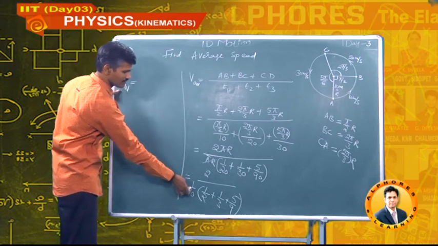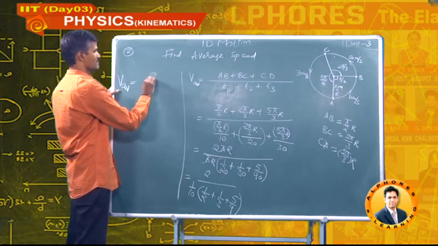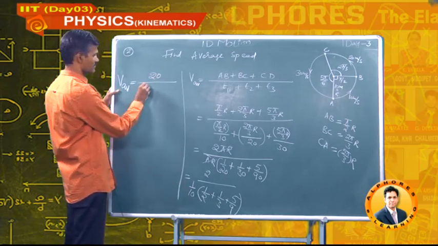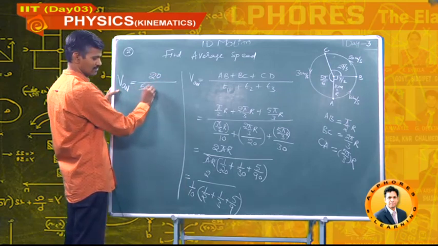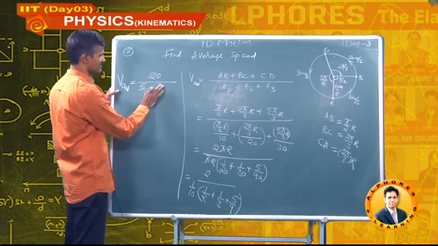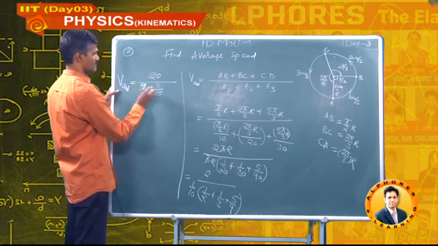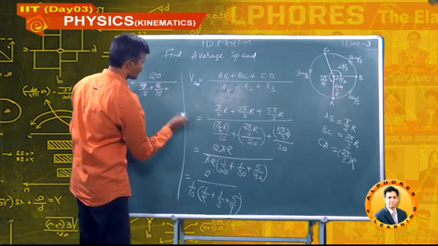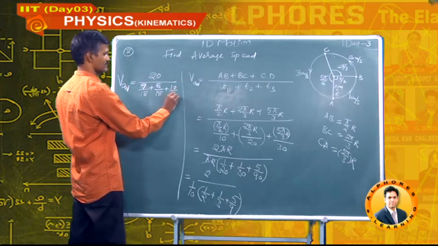This 10 comes to the numerator. So, this is 20, and this is some 6 by 18 plus 3 by 18, 3 6s are 18, 2 9s are 18, plus 10 by 18.